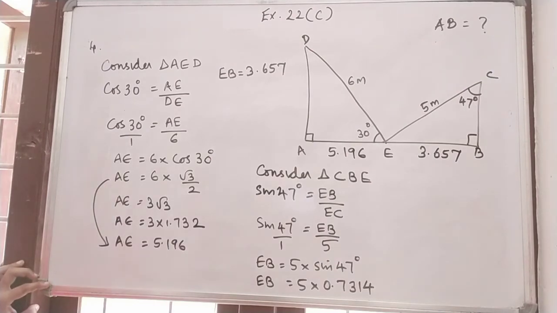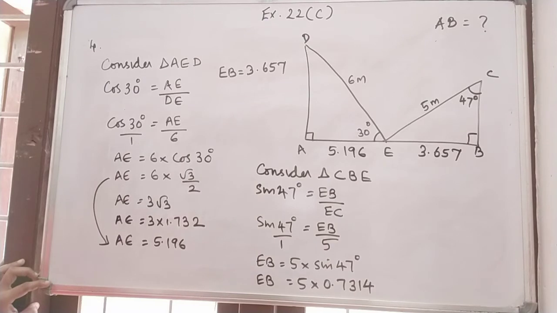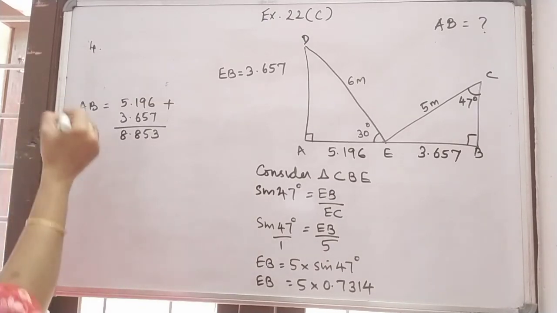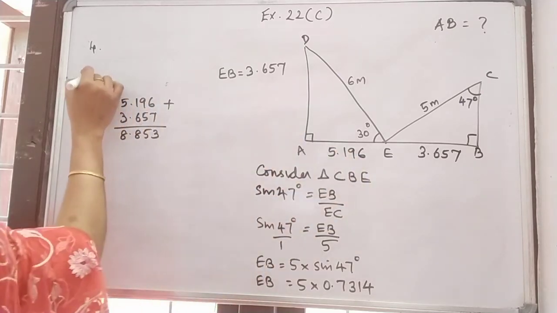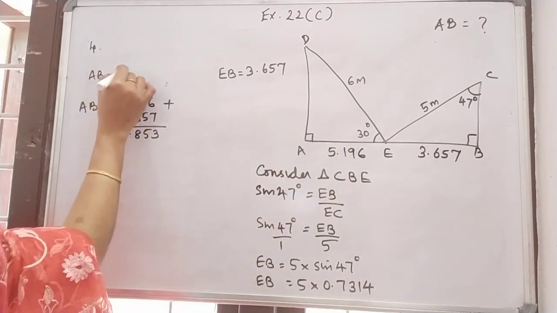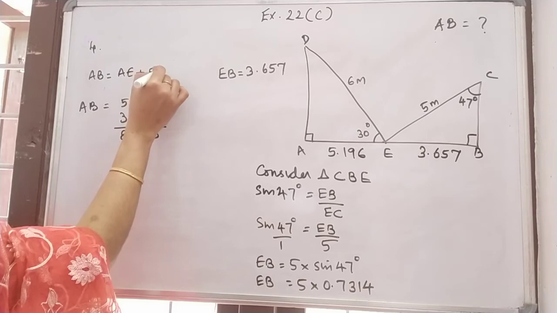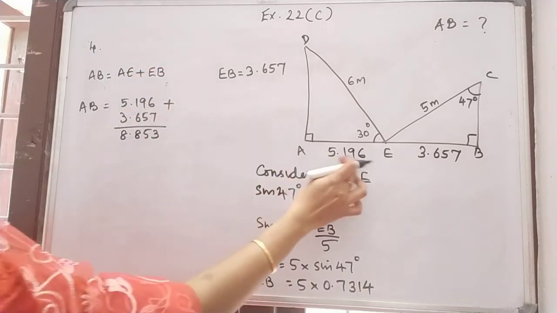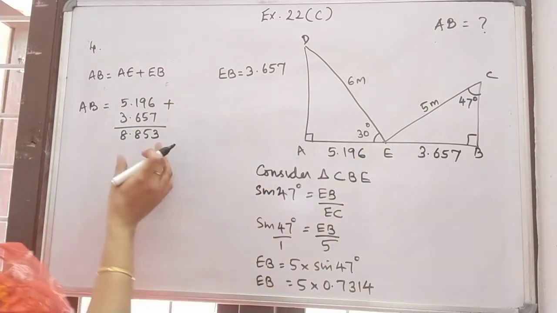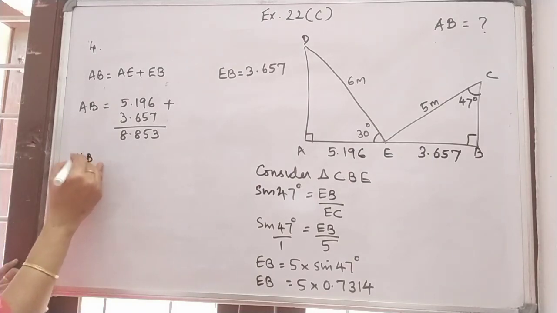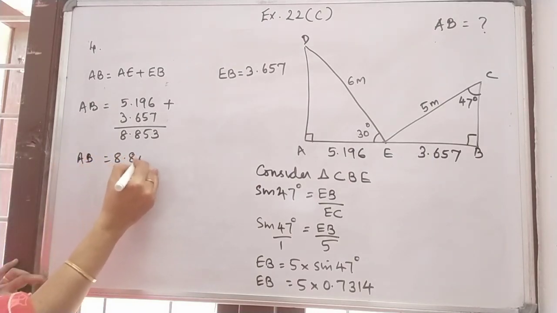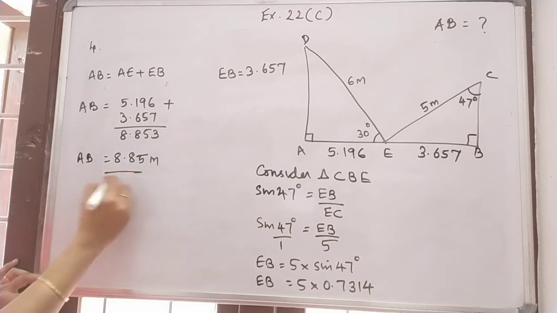AB will be the sum, that is, AB is equal to AE plus EB. That is 5.196 plus 3.657, which is equal to 8.853. That is, AB is equal to 8.85 meters.